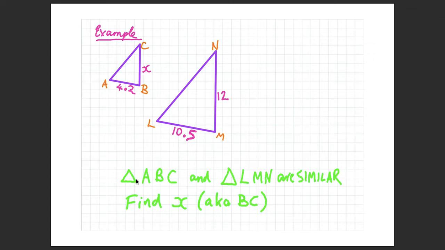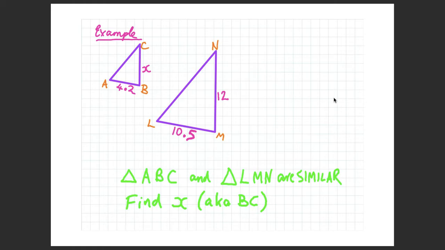So triangle ABC, that's this one, from A to B to C, and triangle LMN are similar, so L to M to N. Find X, so find out what X is, this missing side, also known as BC, because it's the side that goes from B to C, so you can call it BC, or you can call it X. So I want you to find out the value of that thing, X. Have a go at that in rough, using whatever ideas you've got.